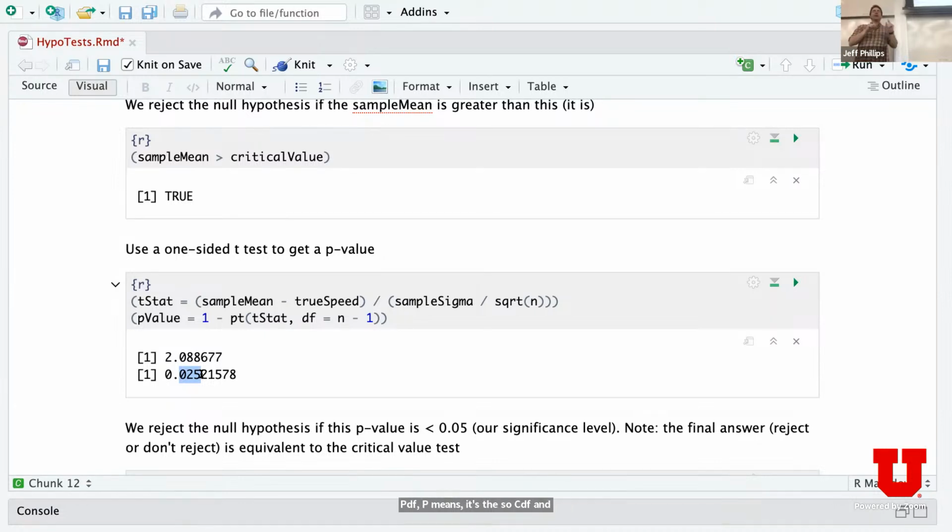So this is the CDF of the T distribution, with degrees of freedom n minus 1, which is 19. When you put in the T stat there, are you putting in some numbers or a function? The T stat is calculated right here.